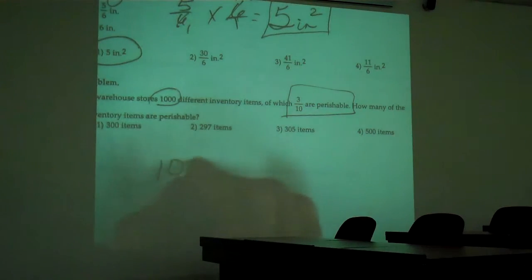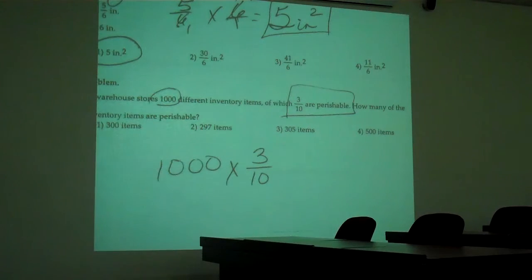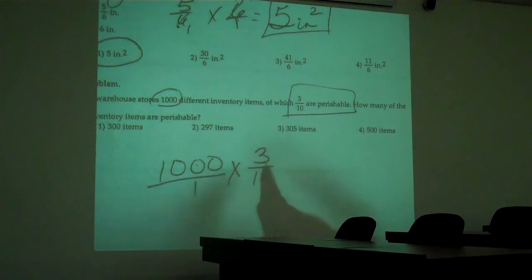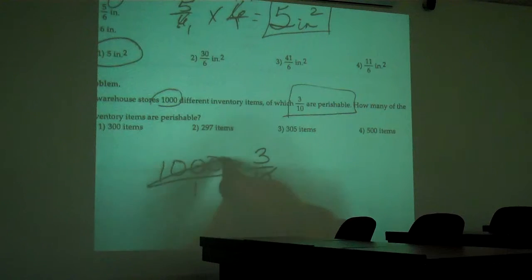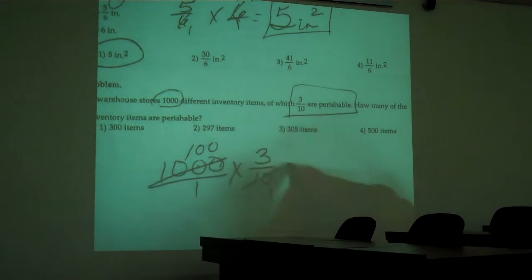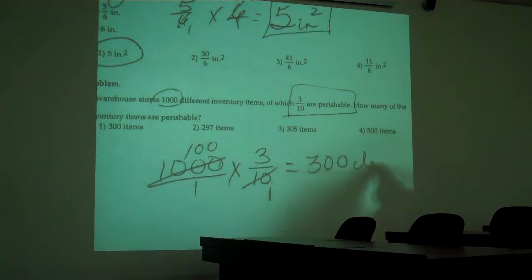You have the total. If you want to find 3/10 of it, do 3/10 times the total. You want to do some dividing? Yep. Divide by 10. Divide by 10 is 1. Divide by 10, it just drops a 0. You have 100. 100 times 3. So 300 items are perishable.